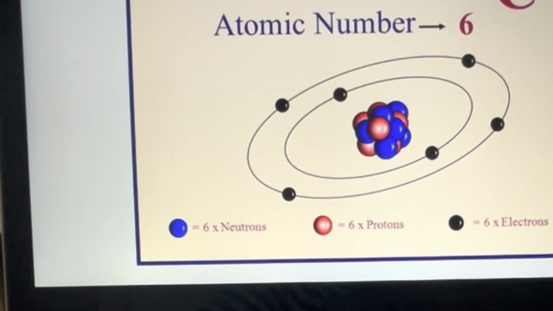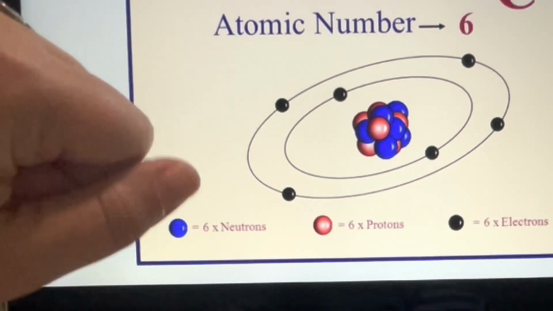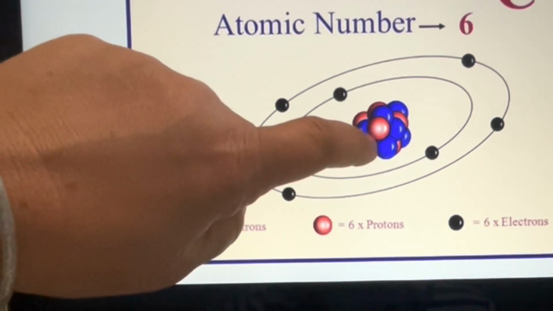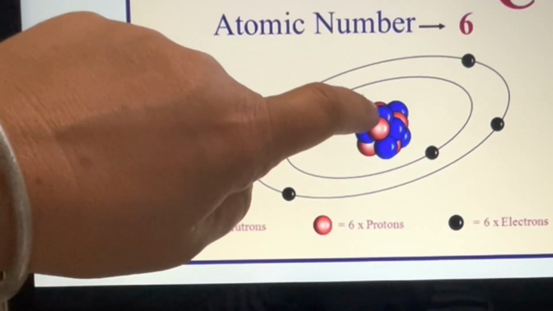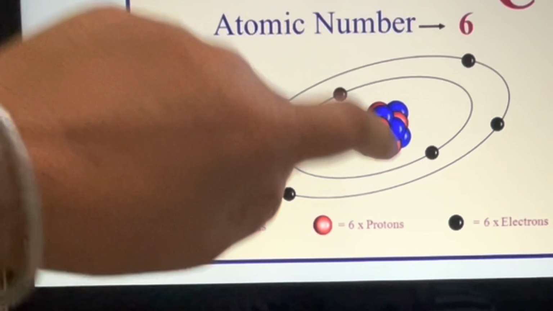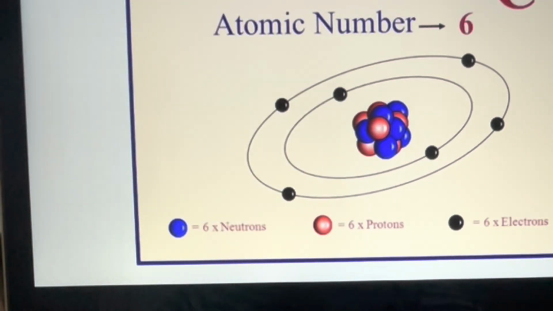If you look at an atom, you can count the protons. So for example, we have carbon. 1, 2, 3, 4, 5, 6. 6 red protons. All right. There are 6 protons, which makes that atom a carbon atom, since carbon has an atomic number of 6.